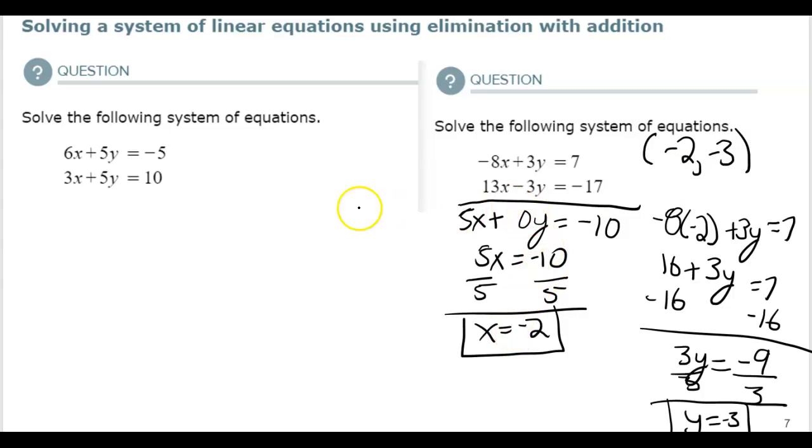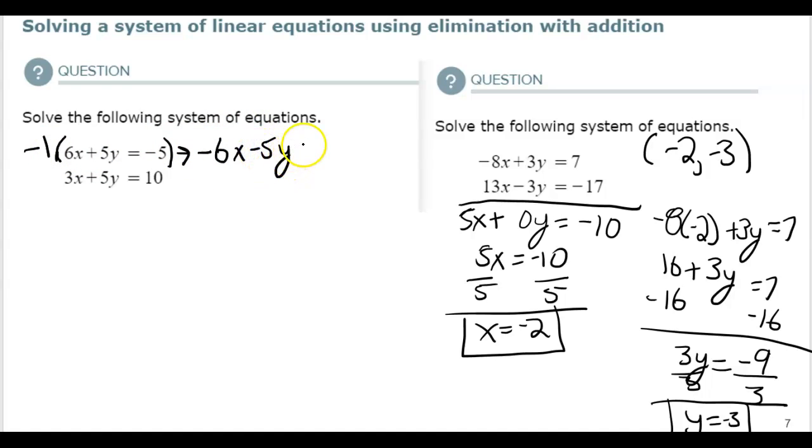If I look at what's happening over here, none of these add to 0. None of them are equal opposites. So what I can do is multiply all of this by a -1, and this one just stays as it is. Now if I were to add down, my y's would be eliminated.